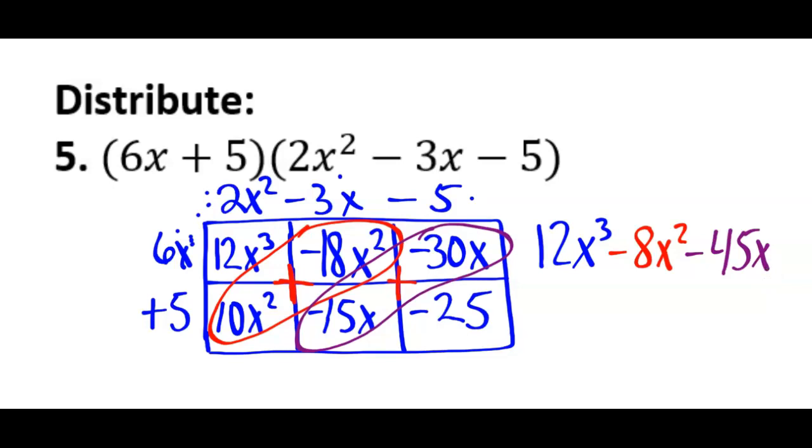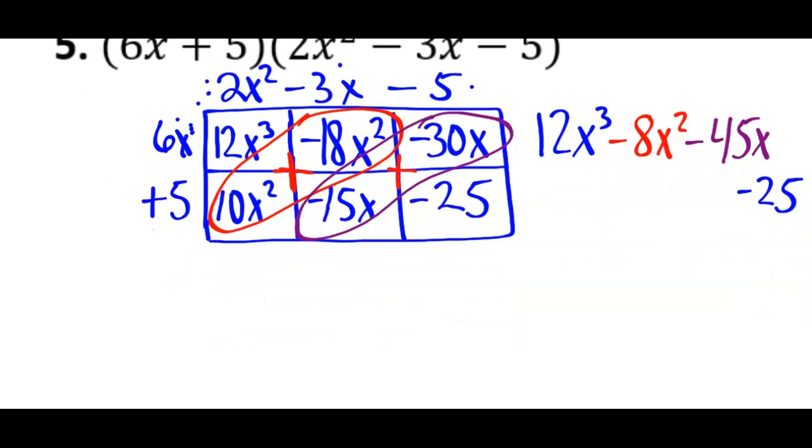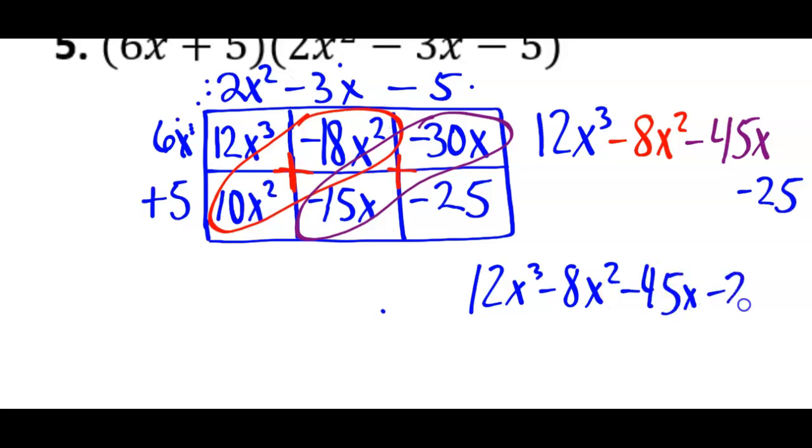And then my negative 25 is just going to come along. So altogether, my answer would be 12x cubed minus 8x squared minus 45x minus 25.